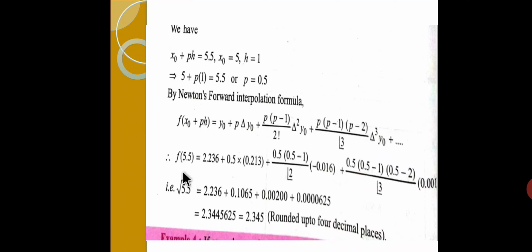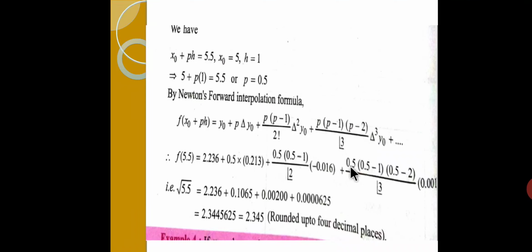So f of 5.5, our required value, is equal to 2.236 plus 0.5 into 0.213 plus 0.5 into 0.5 minus 1 by 2 factorial into delta square y naught value minus 0.016 plus 0.5 into 0.5 minus 1 into 0.5 minus 2 by 3 factorial, where delta cube y naught value is 0.001. 3 factorial means 6.